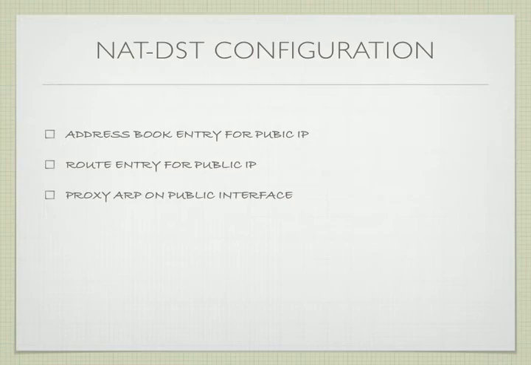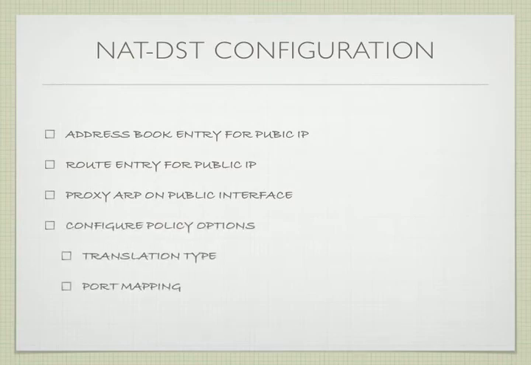An alternative here would be to have this IP address configured as a secondary IP address on the interface. You're going to configure your policy options to use the translation type and the port mapping that you've selected. So you're going to prepare for your policy by creating your address book and your route entry. You're going to make sure proxy ARP is set up, and then you create the policy, selecting all of these objects as you've designed them.